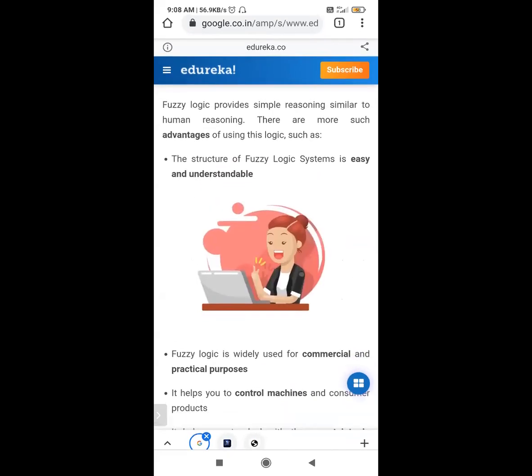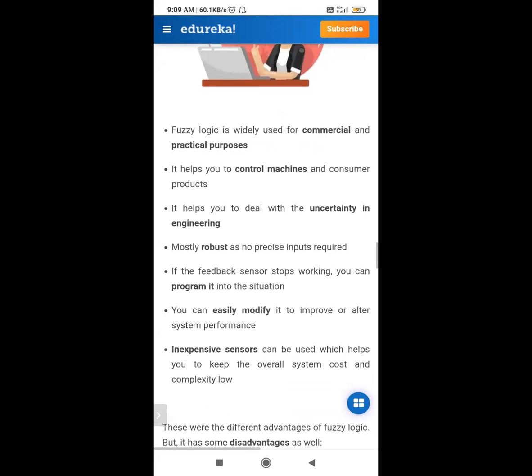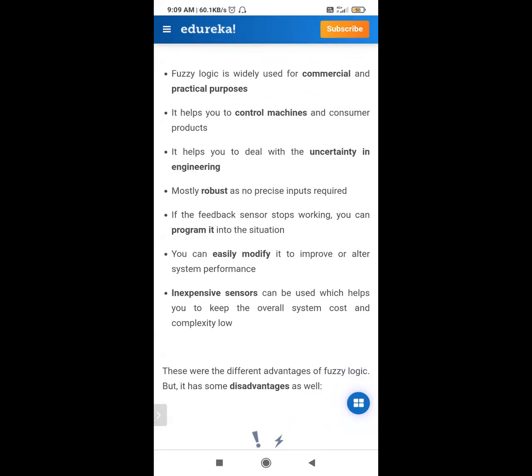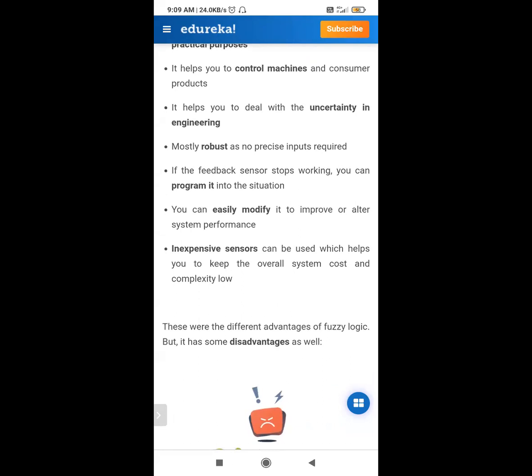First one is easily understandable. Next one is it is used in commercial and practical purposes. Next one is to control the machines and consumer products. Next, in order to deal with the uncertainty in engineering, we use this. And next, it doesn't need precise inputs, so it is robust.